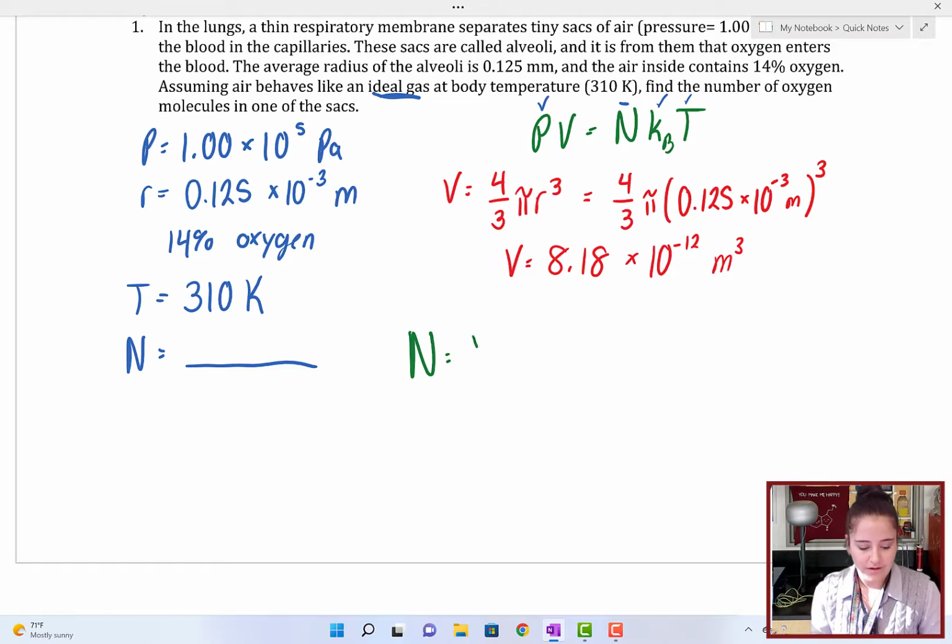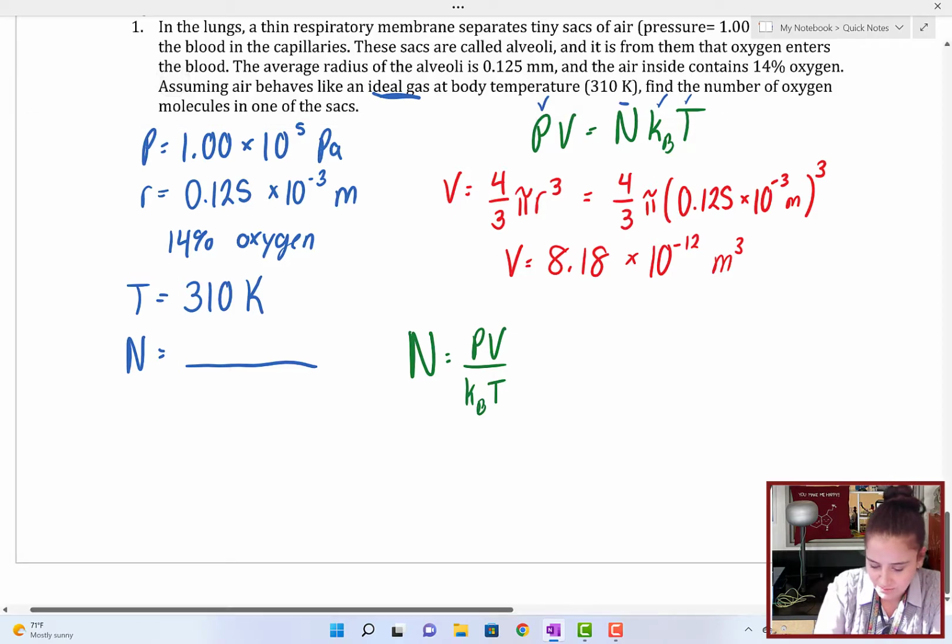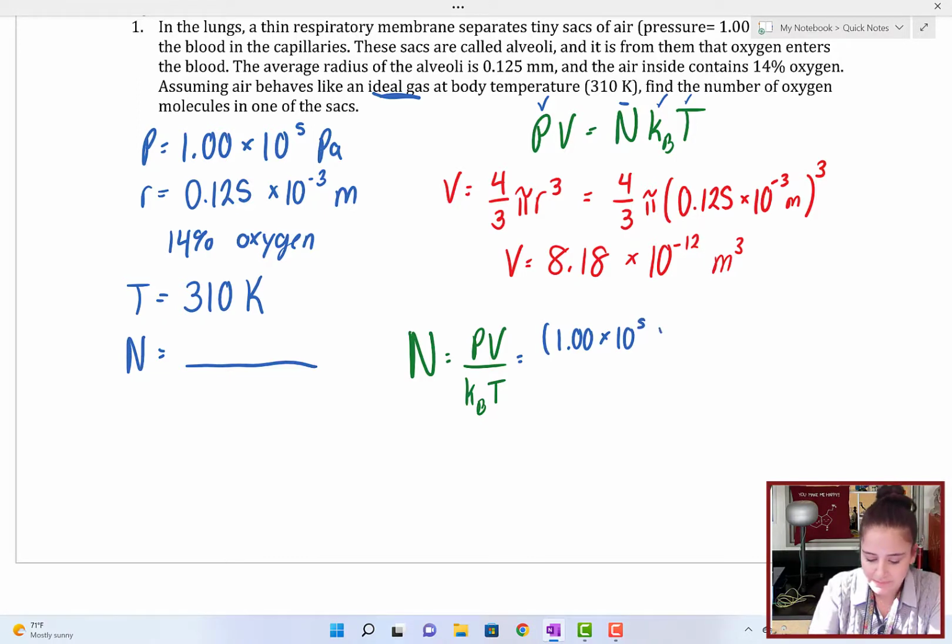And then I'm solving for N, so I'm going to go ahead and rearrange that equation. N will be equal to PV over kBT.